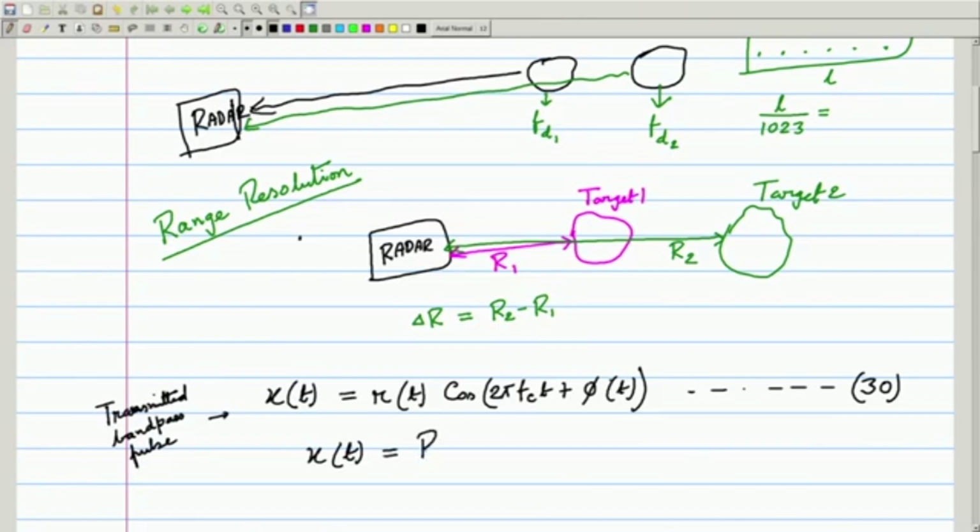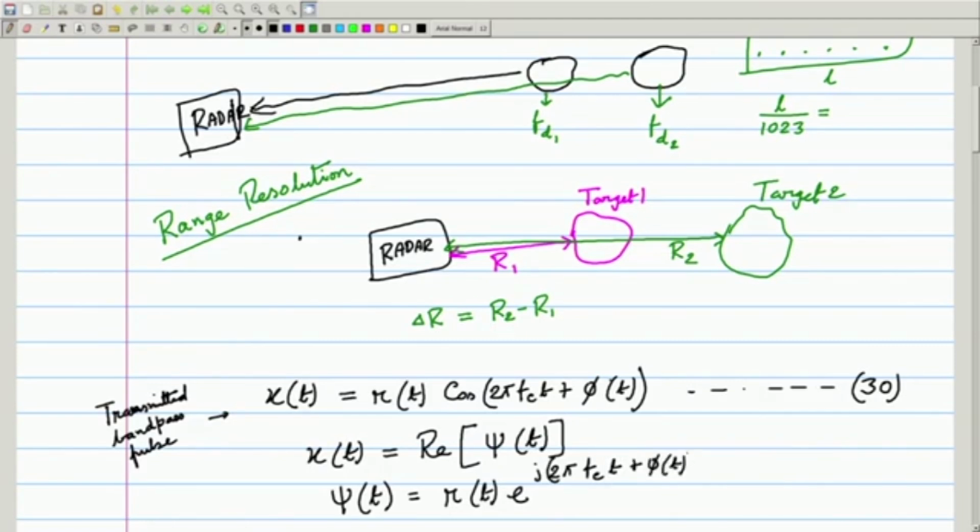So, we know that this is the real part of the pre-envelope psi(t). Now, what is this pre-envelope psi(t)? We know by now that I can write it as R(t) e to the power j(2 pi f_c t plus phi(t)).